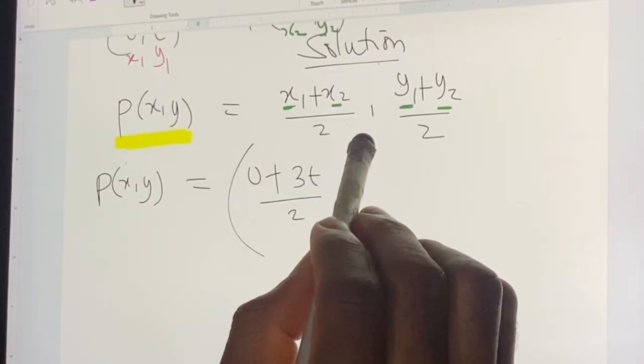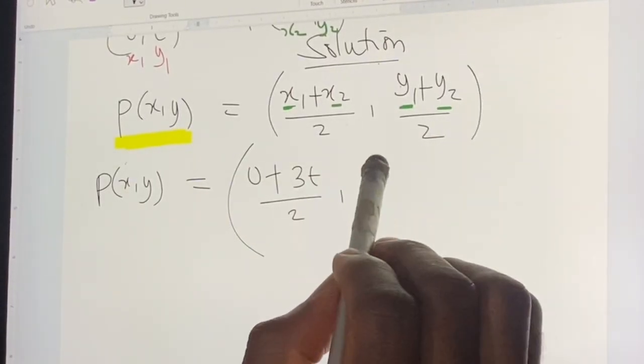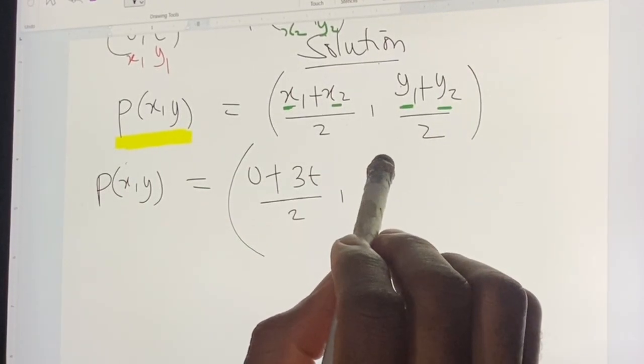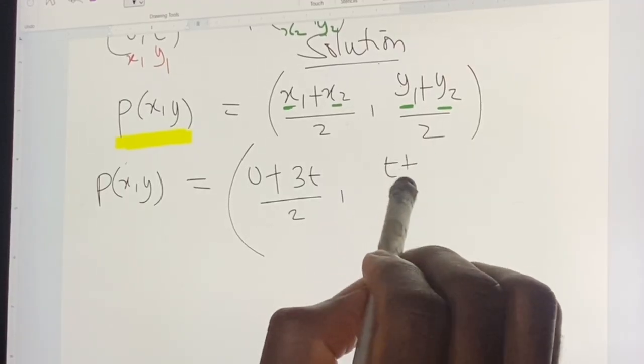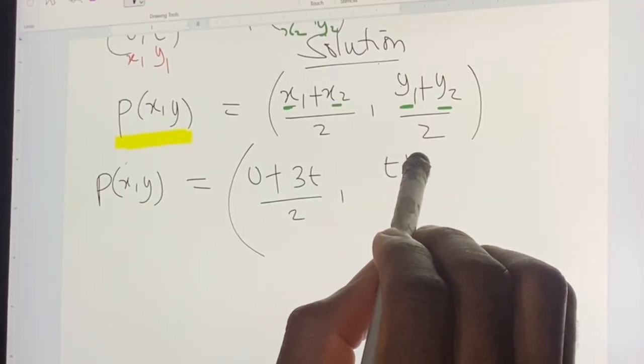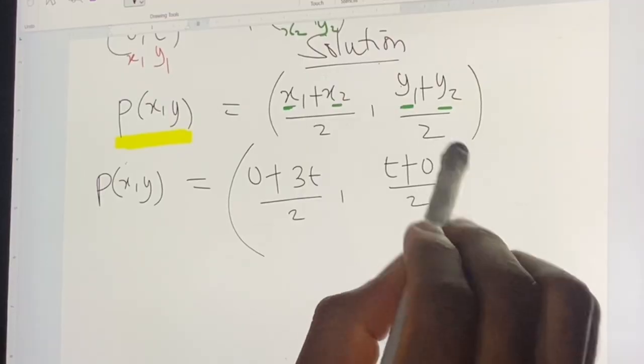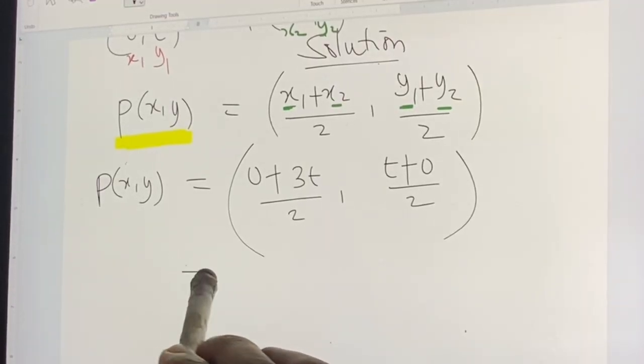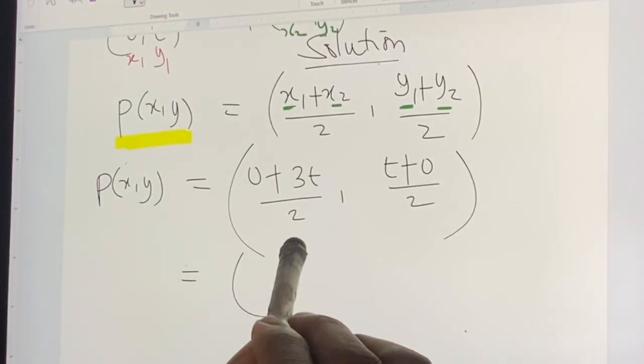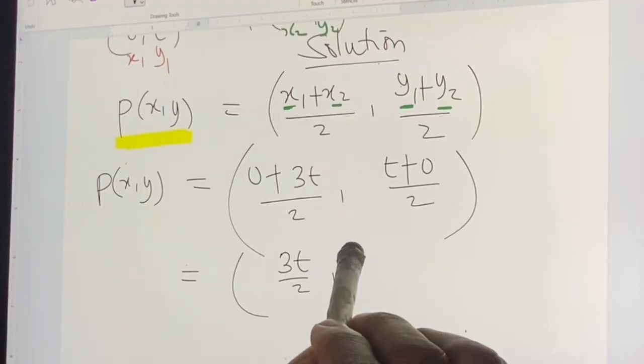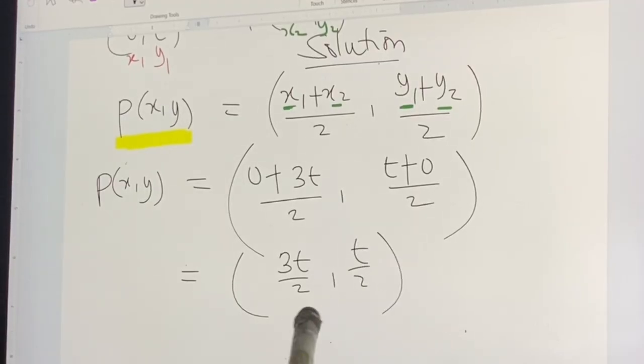Please don't forget this. y1 is given as t plus y2 is given as 0, over 2. When you simplify this, I will have 3t over 2, t over 2. This is my answer. Please take note.